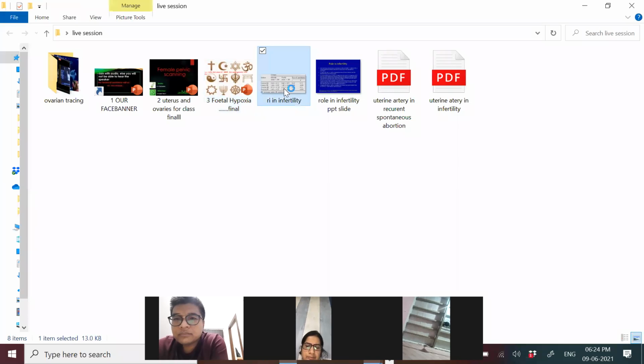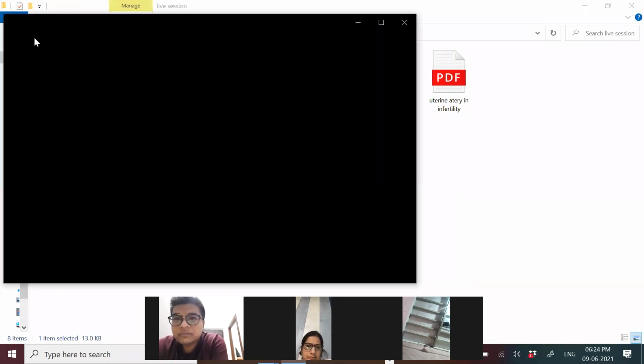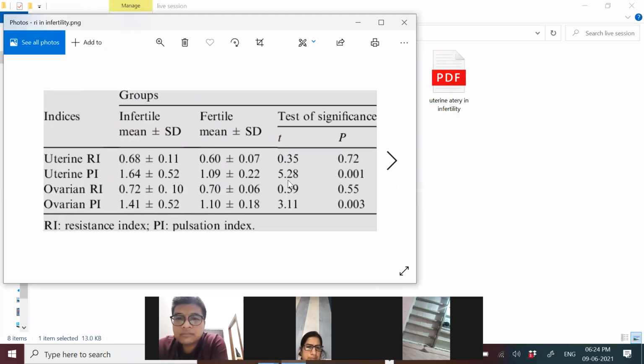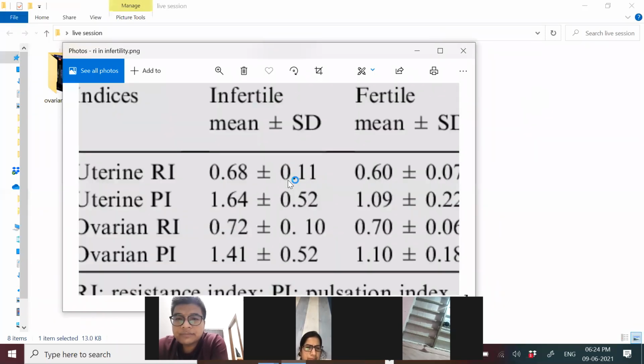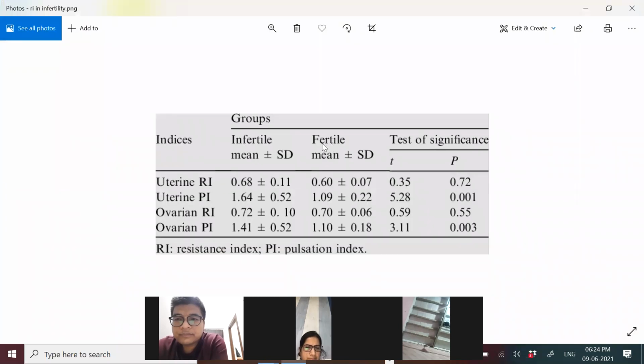Now, let us go to this chart. Now see over here. Let me zoom in on it. In a fertile patient, the RI is 0.67 with a deviation of 0.07.